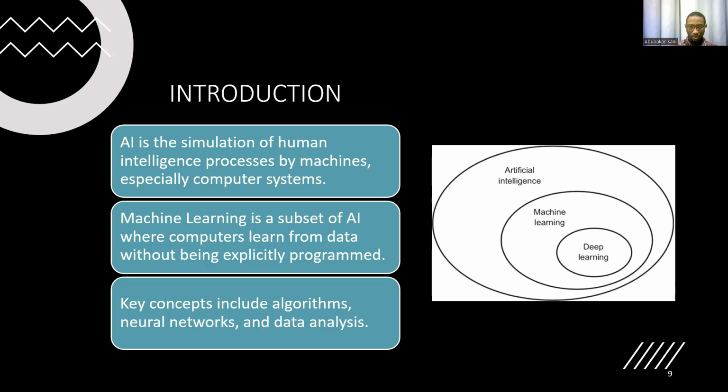And in machine learning, what we want is to have computers learn from data without us having to sit down and explicitly program them. What we are saying is, if we have some historical data and we provide this data to a machine learning algorithm, we hope that the algorithm will be able to learn some pattern from the data.